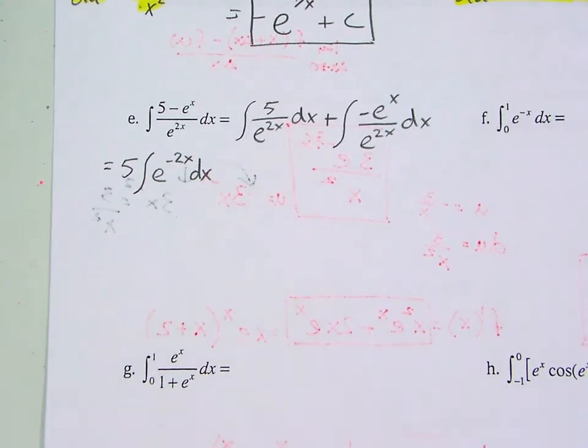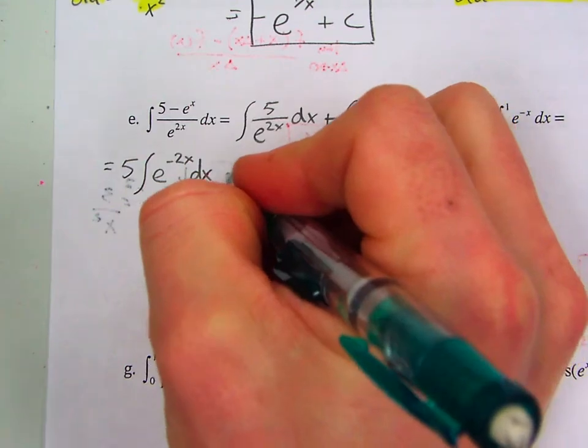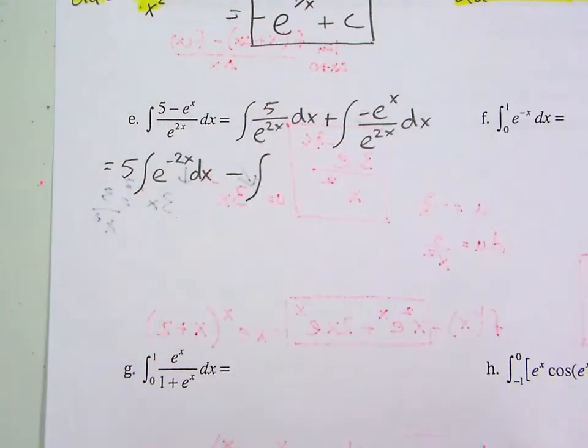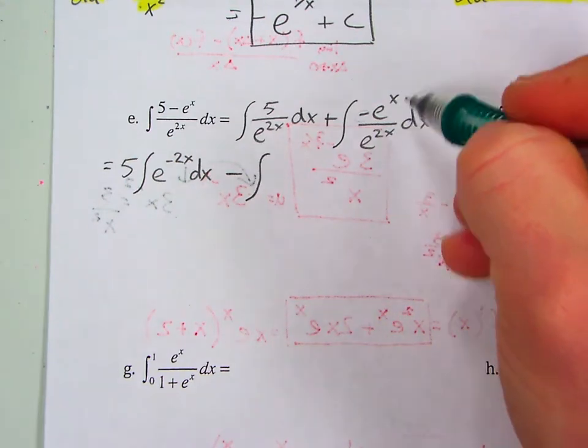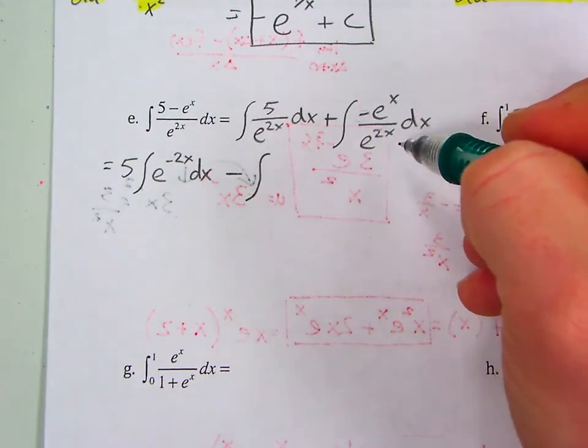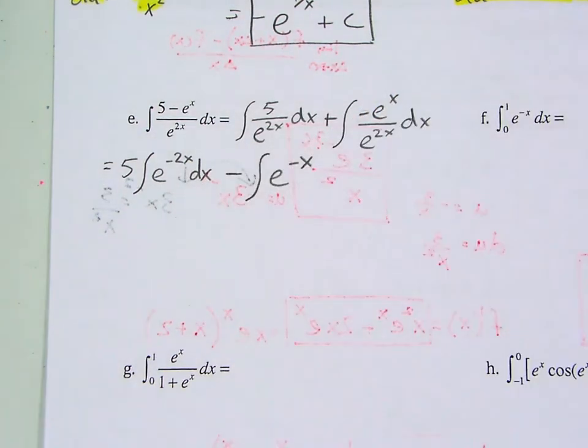It's going to be a little easier to work with. Here I'm going to take out my constant multiple of negative 1, and I'm going to use my rules of exponents to rewrite this as e to the negative x.